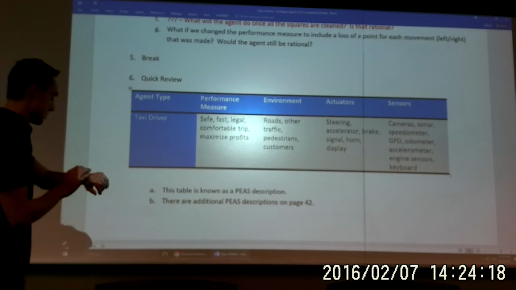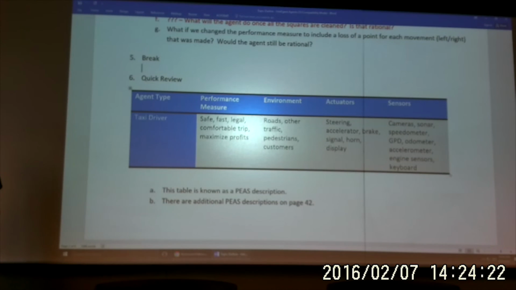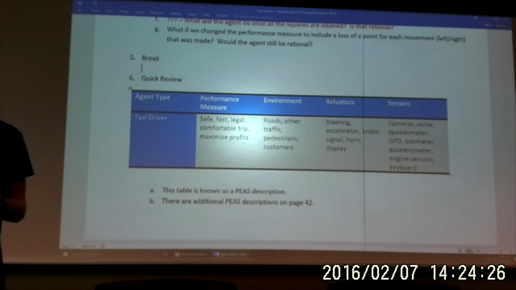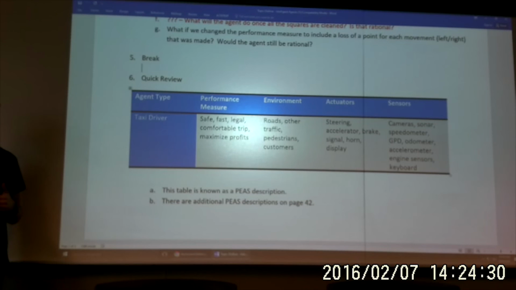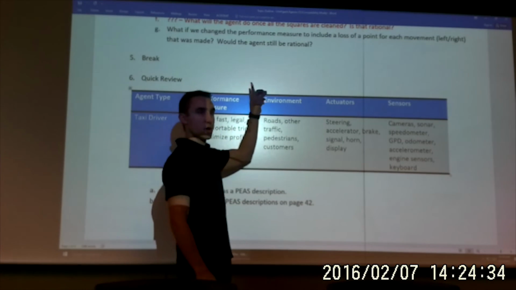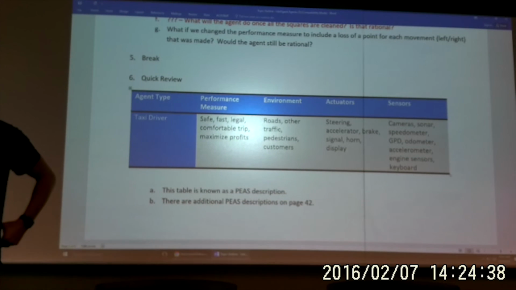All this is, it's a way to kind of write down and better understand a system, how the agent interacts with the environments. It helps you better define that chart that we looked at before, that model. All right? So let's look at a taxi driver.